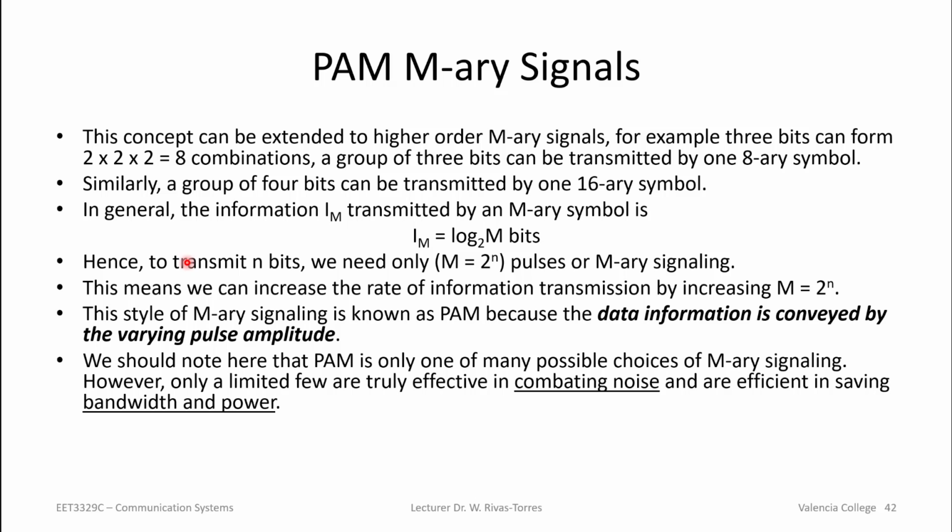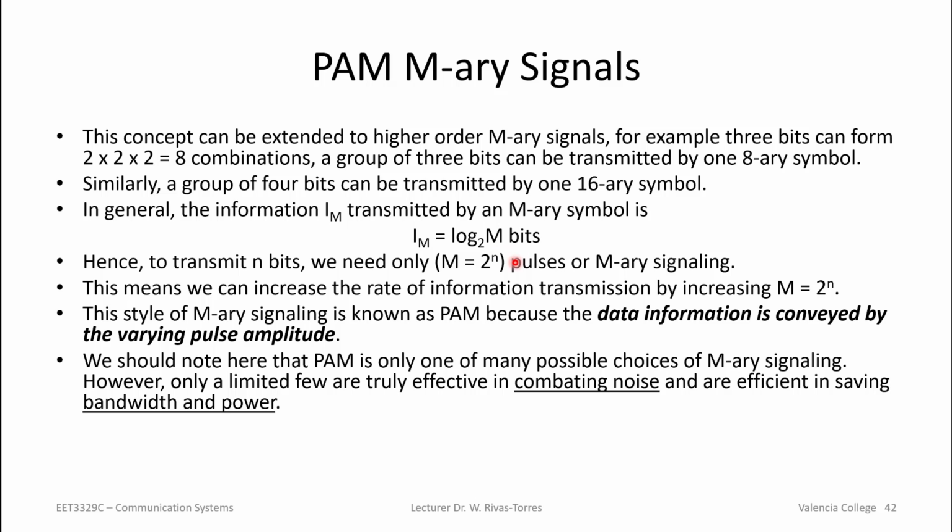So in general, if you have an M-ary symbol set, and they're always powers of 2, so let's not kid ourselves, that's why you see 2, 4, 8, and 16 so far, and in general, an M-ary symbol set will have log base 2 of M bits.